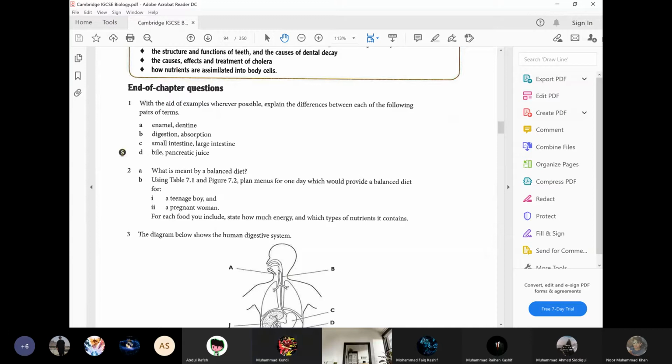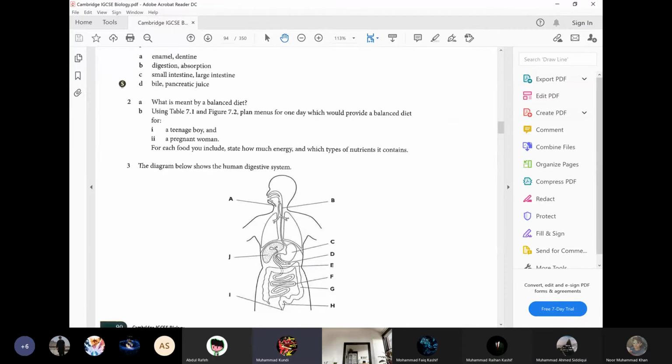Next, digestion and absorption. The word digestion means breakdown of large food molecules into smaller food molecules so that they can be absorbed into the blood. And what is absorption? Absorption is the uptake of digested food particles from the small intestine into the blood. Okay, boys? Yes, sir.